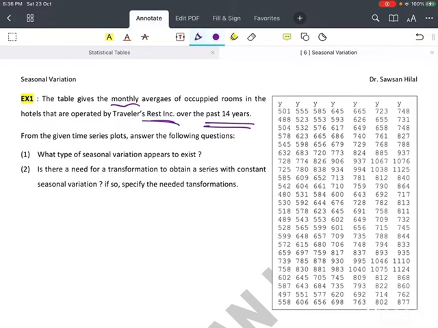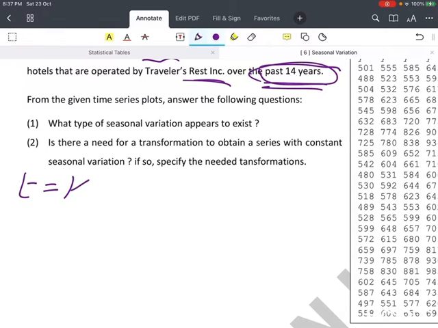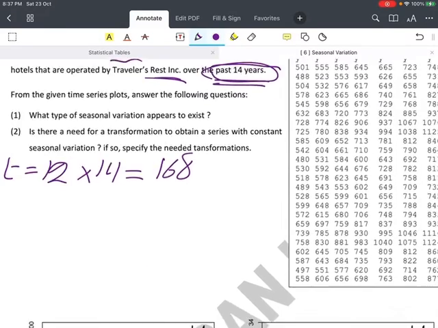That means the data are recorded monthly, so we have 12 months per year. But we have 14 years, so T is 12 times 14, which is 168. So T will be 168.